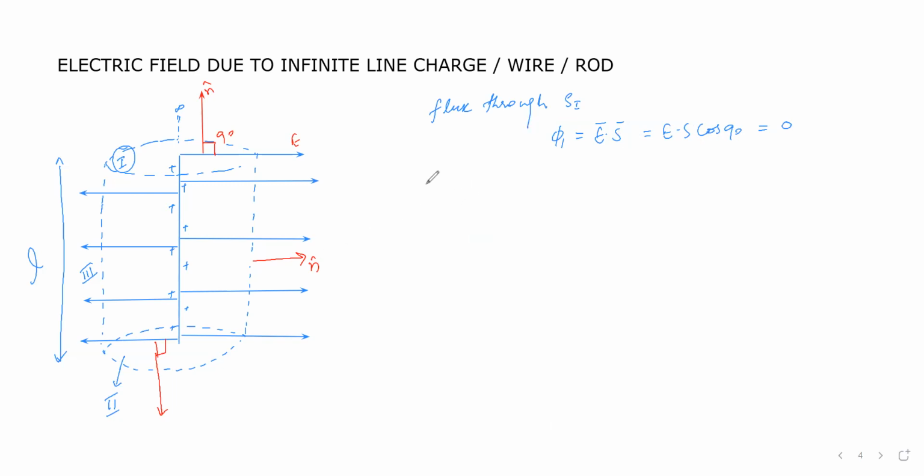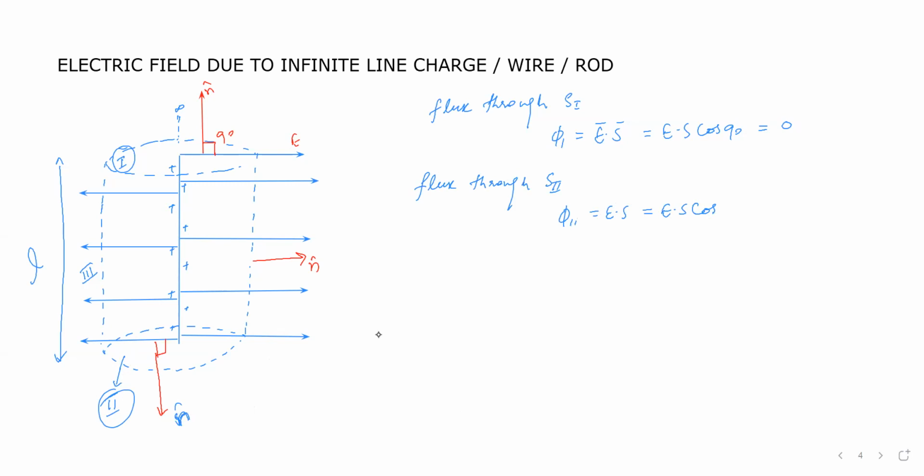Let's see for surface 2. Now we are going to calculate the flux through S2, I mean surface 2. Phi 2 is E dot S, which is your ES cos of, what is the angle between the area vector and electric field lines for surface 2?